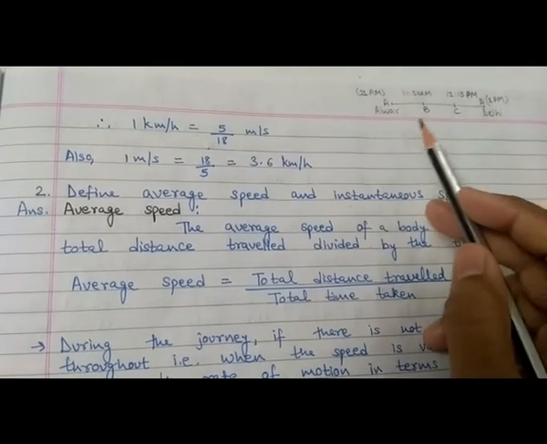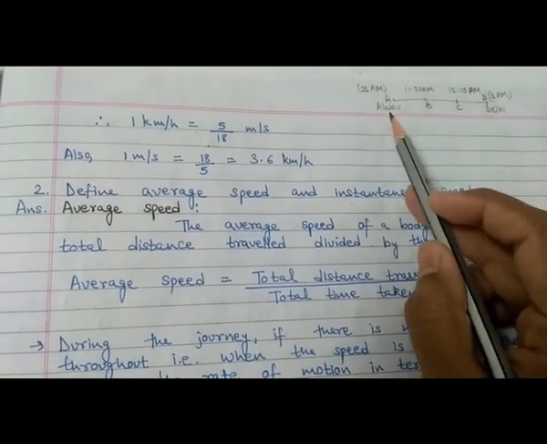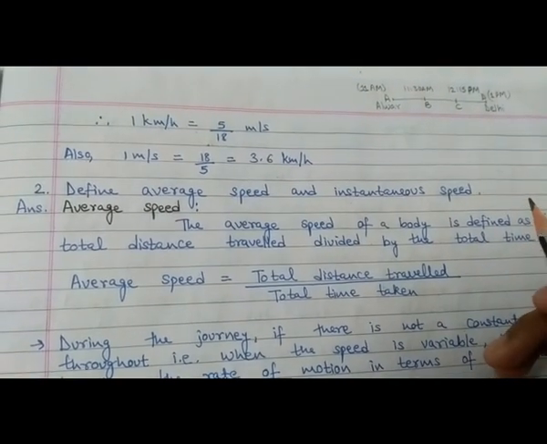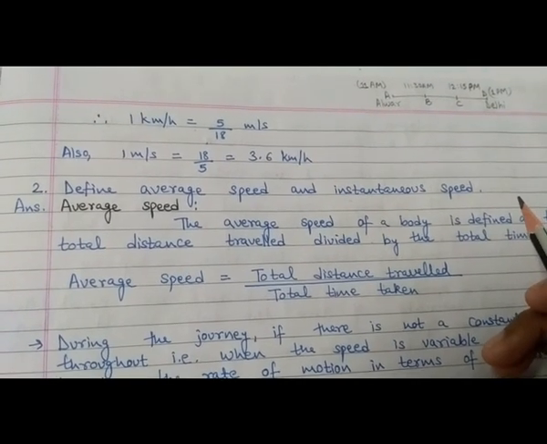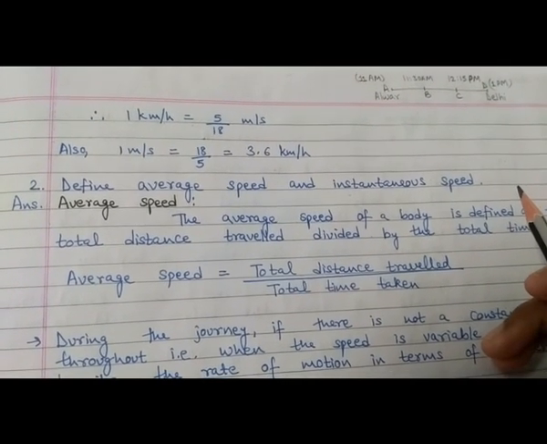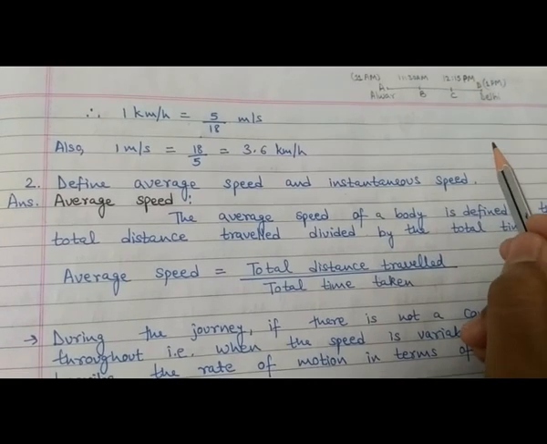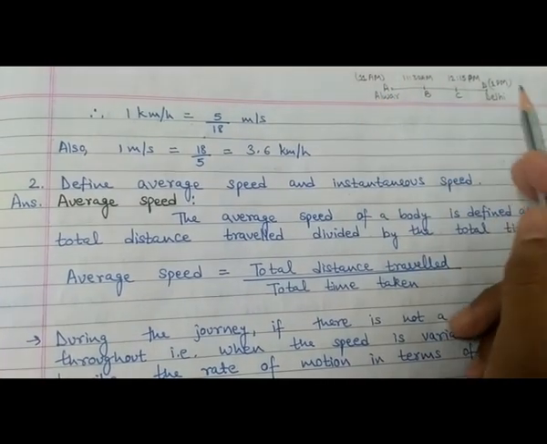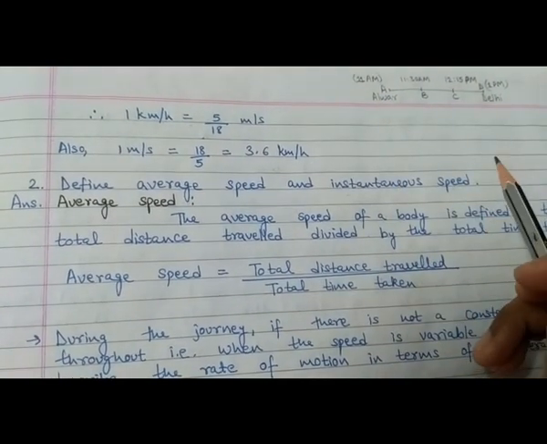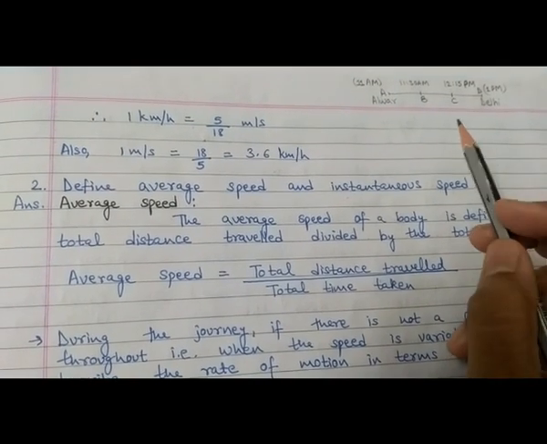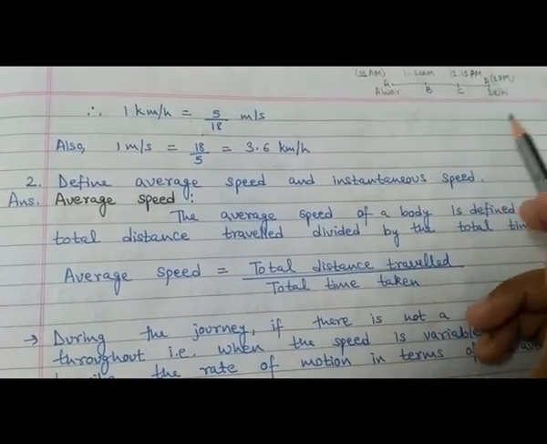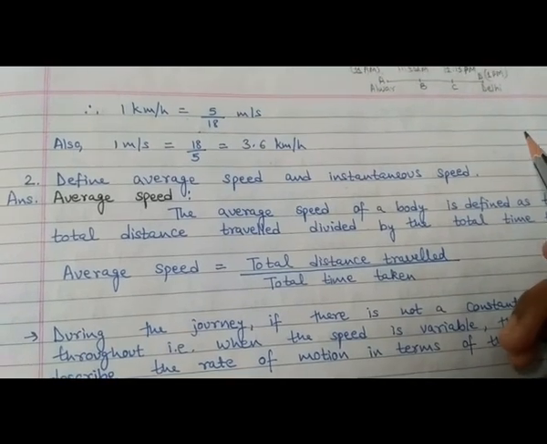So in the case where the speed is varying during the entire journey, to sum up the entire journey we need to tell the overall speed of the journey.